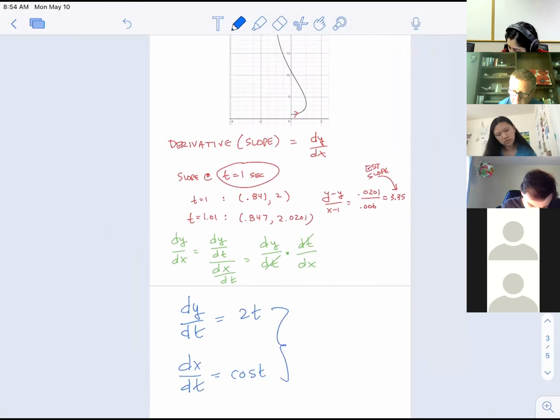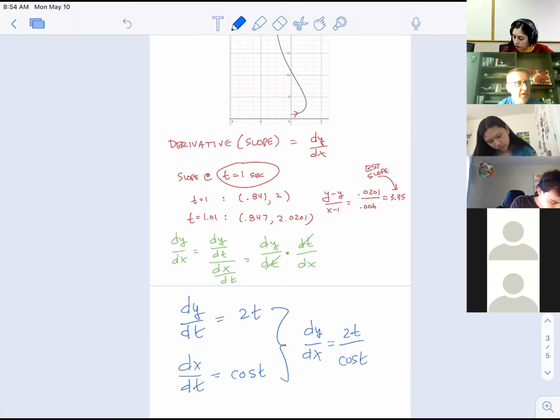So dy/dx is found by dividing those two. There's our equation, our derivative. Remember, we call it a derivative, but it just means a slope finder. So easy. We got an equation to find the slope.